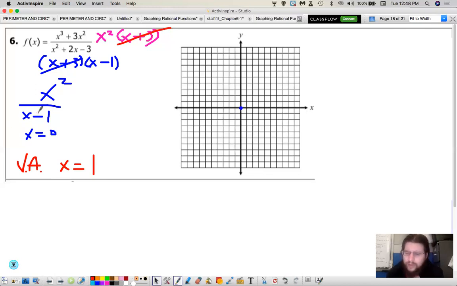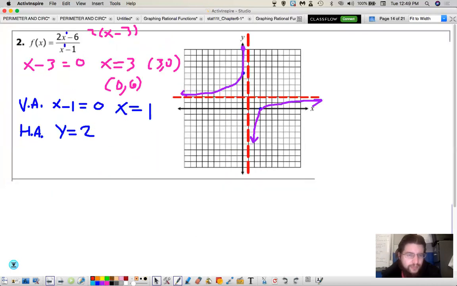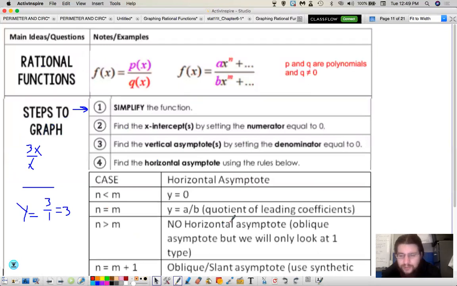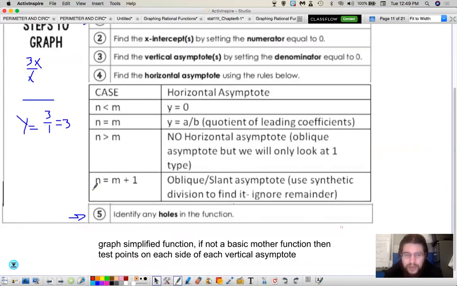Wait, what was it whenever the numerator was bigger than the denominator again? I forgot. Let's go look at our chart. Oh, that's right. There's no horizontal asymptote. However, there's one particular case we're going to be looking at, and that's whenever the numerator is exactly 1 more than the denominator, which is what we got.